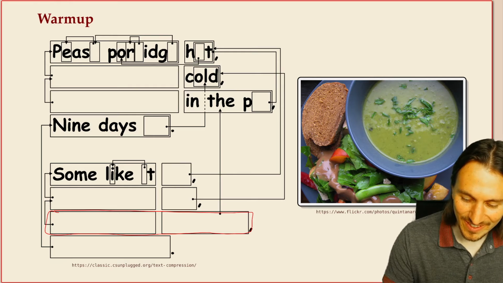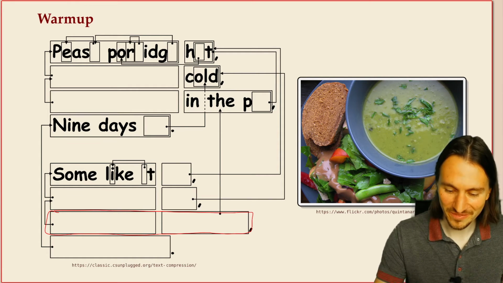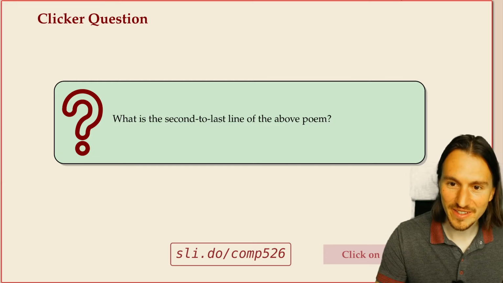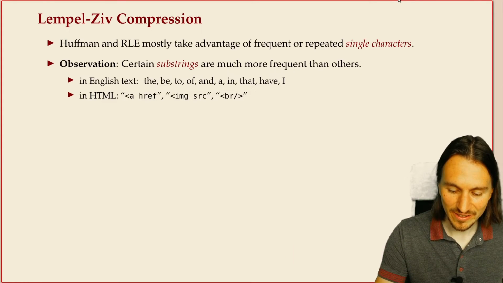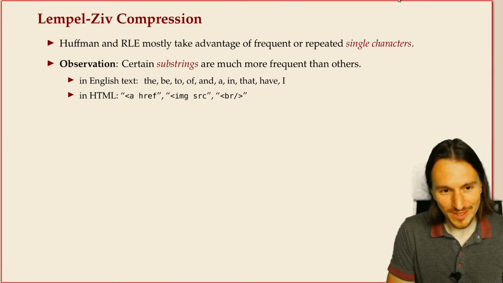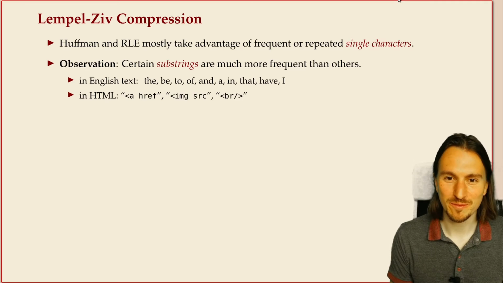Let's see how this connects to a more serious discussion of Lempel-Ziv. But the idea is exactly that. Use references to previously occurring things. But let's start from scratch and properly.